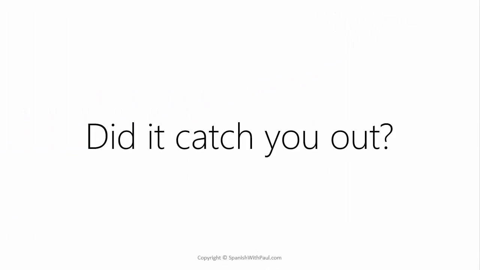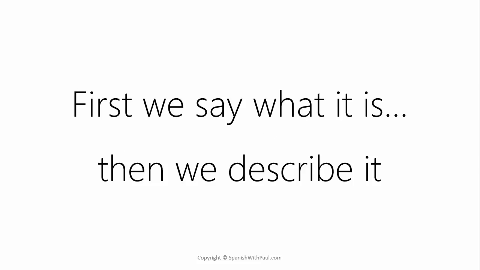I'm a little curious to know if that last one caught you out, because it illustrates a very important difference between how we talk in English and how we talk in Spanish. In Spanish, first we say what it is, and then we describe it.